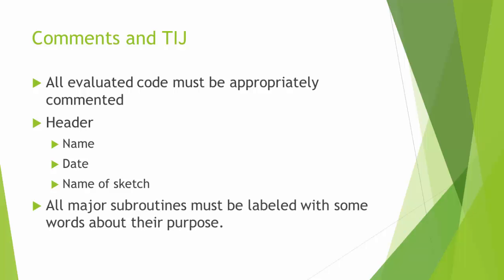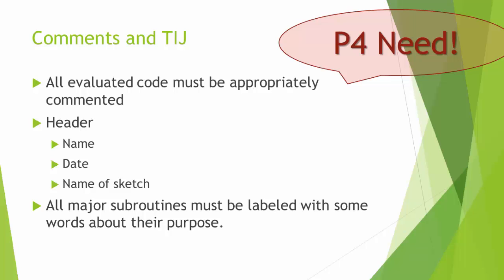And again, make sure you don't need to label every line of your code, but major subroutines, major groups of lines should be labeled with some words about their purpose. And if you want highest marks, if you want to use good programming practices, you need to get good at making comments.